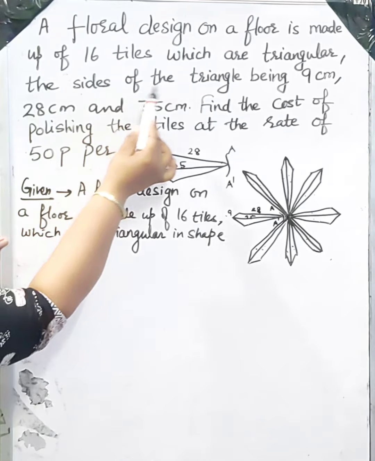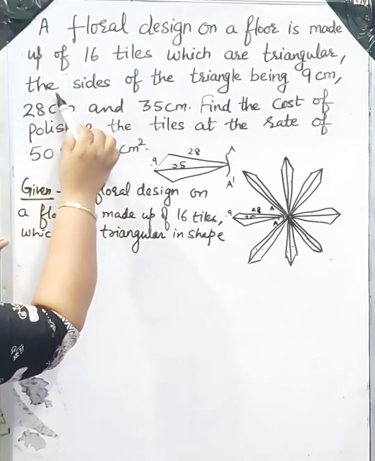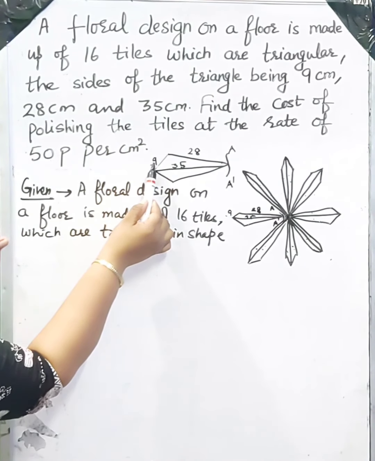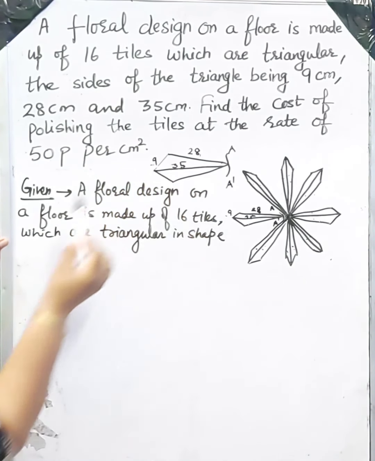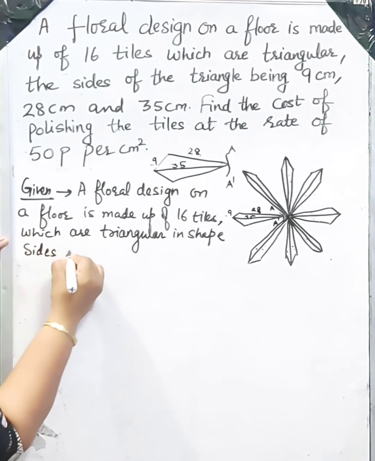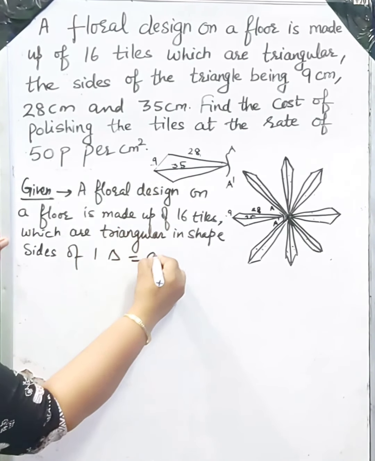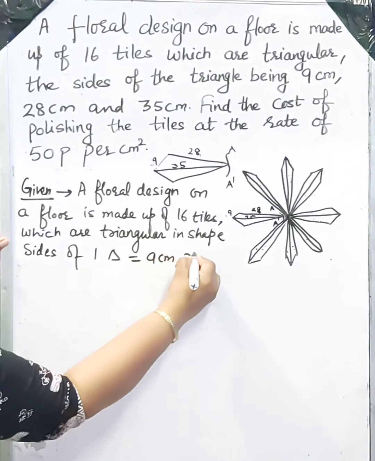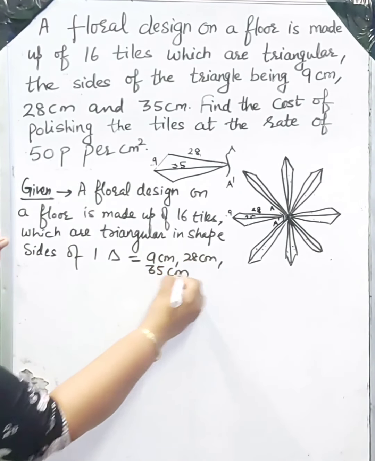This is the zoomed portion of this triangle. The sides of the triangle are 9 centimeter, 28 centimeter and 35 centimeter. Sides of one triangle are 9 centimeter, 28 centimeter and 35 centimeter.